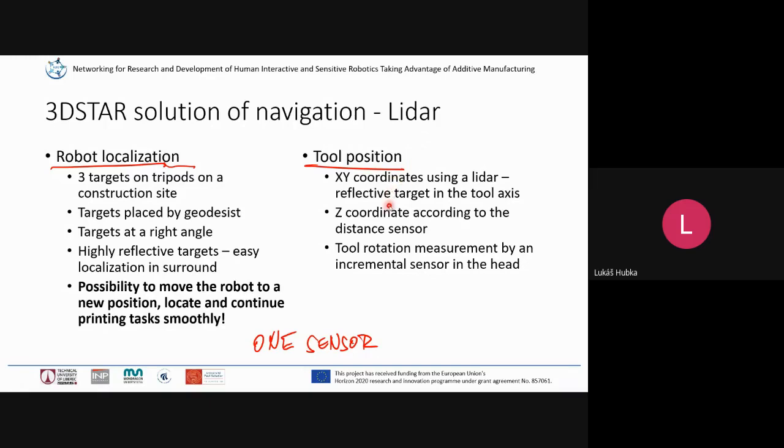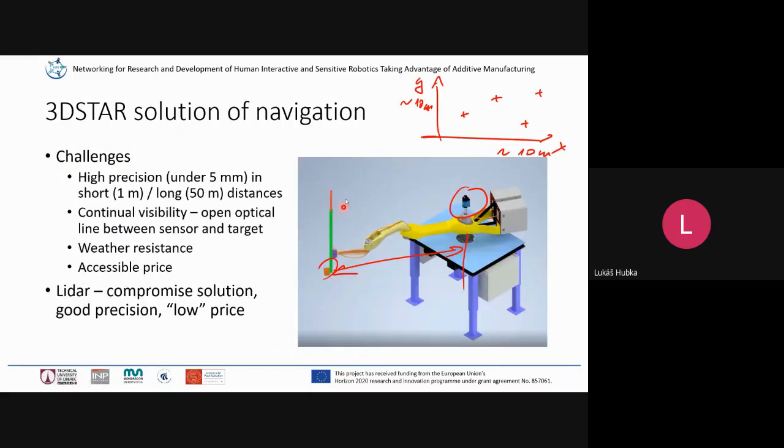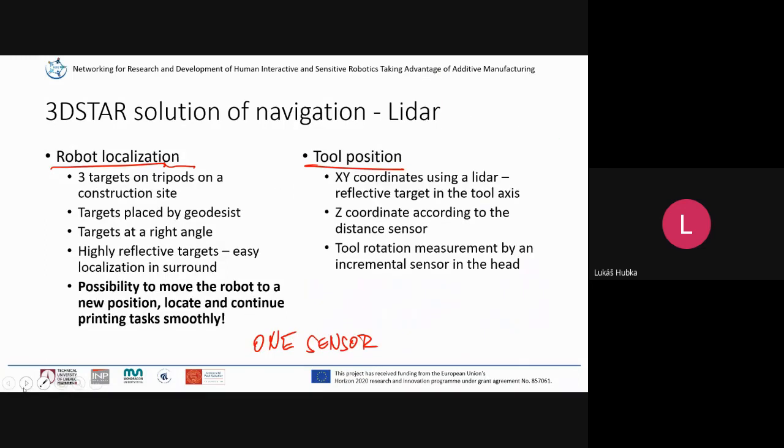But we are also prepared to realize the task of positioning a tool by the sensor, simply in an XY coordinate system without any problem, because we have some reflection point in the line of the beam from the LiDAR, so we are able to detect this target, and with the information about the angle and the distance, calculate the actual position of the tool of the printer.